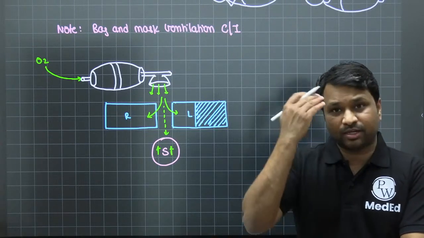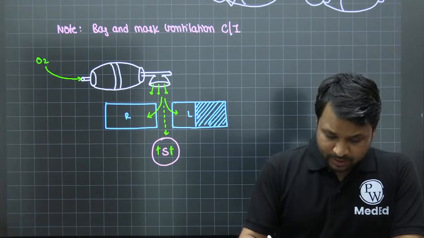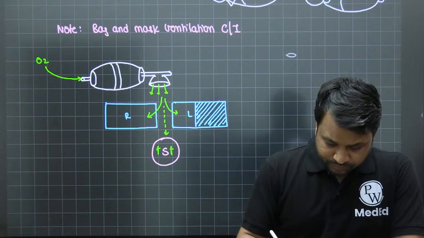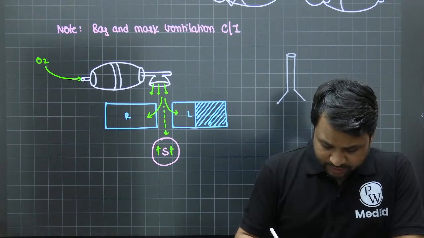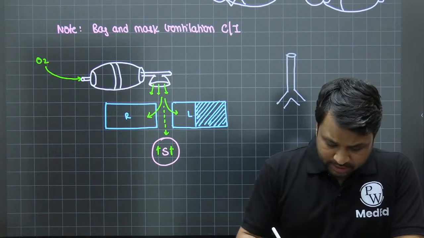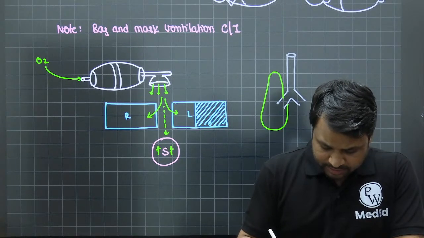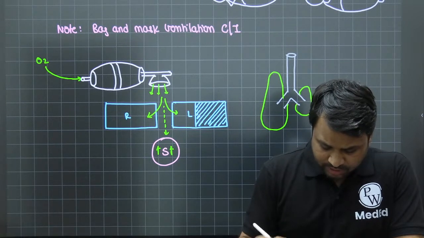If you look at it from this standpoint, you'll understand: let's say this is a representation of the trachea, this is the left and the right main bronchus, this is the right side of the lung, and this is the left side of the lung, which is underdeveloped.